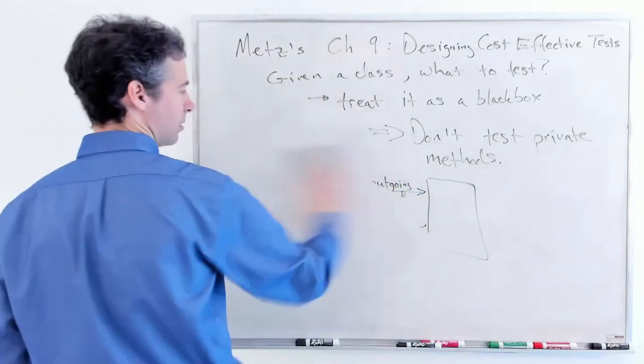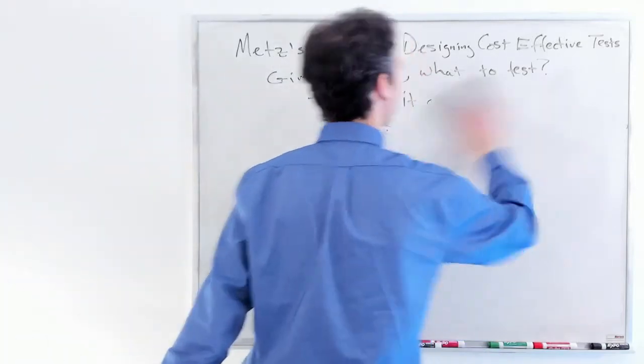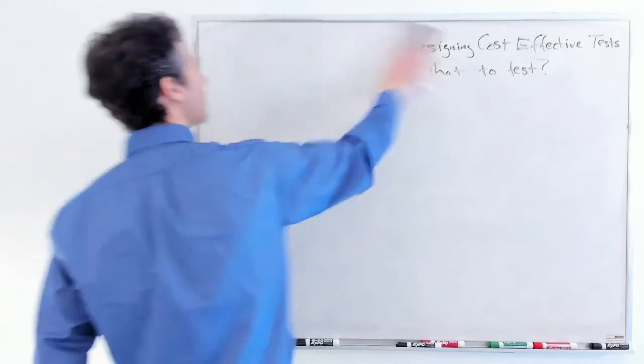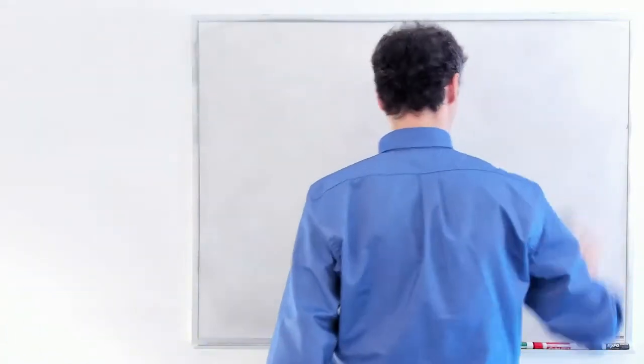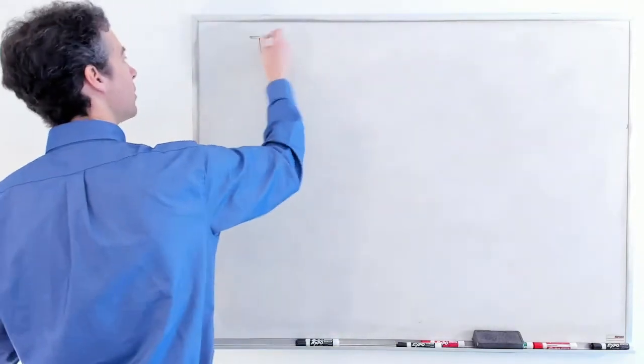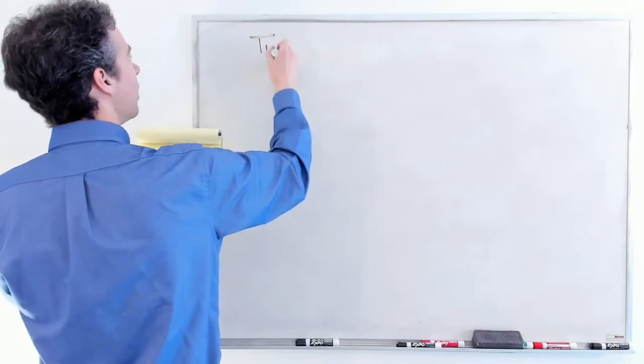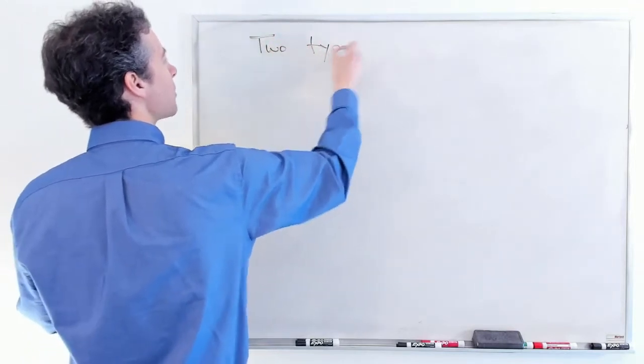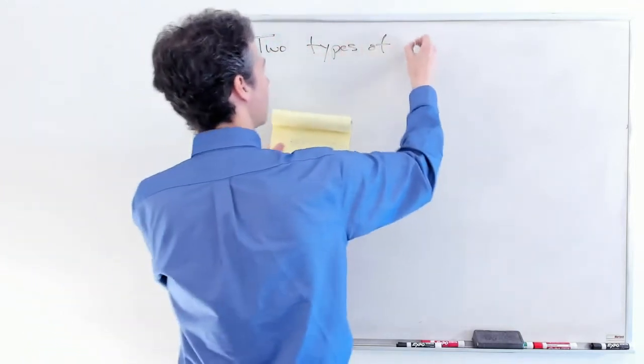Sandi then tries to distinguish, and I think it's a very good thing, she admits that it's not a perfect way of classifying methods, but it's a good general classification. And she's got two types of methods.